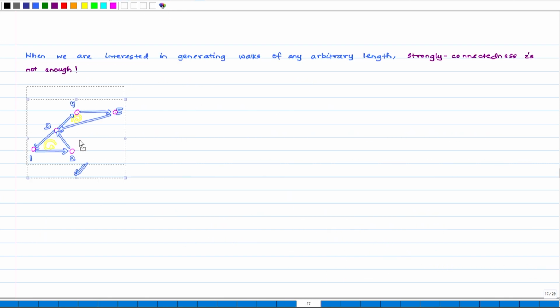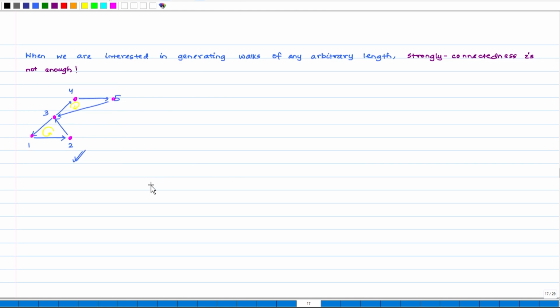Okay. So, we now have the same digraph that we had there. Let me add a few more nodes here. And let us number them.